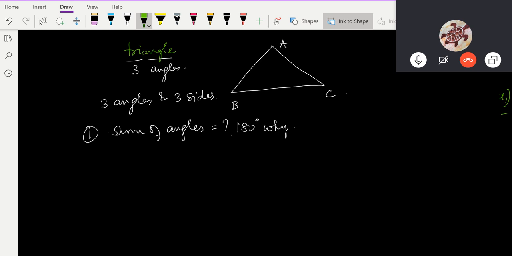Yes, sir. I know it from the angle sum property. First, we draw a line that passes through the A point, parallel to BC, through the A point.